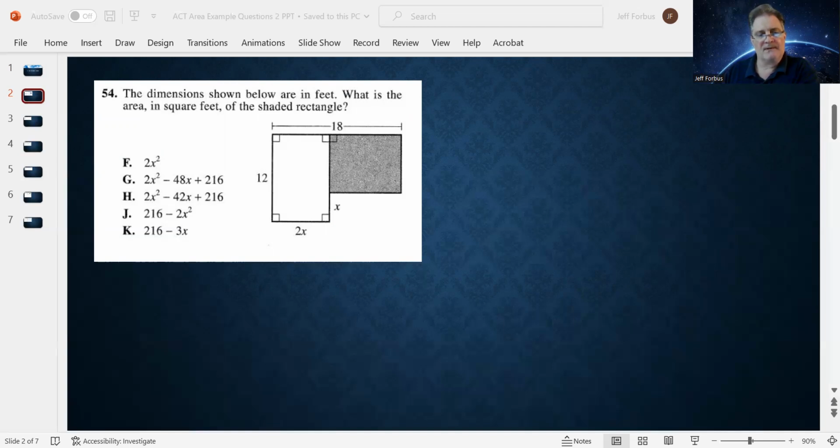Okay, so notice that the portion that's not shaded, the side relating to the side with 18 here, 2x.